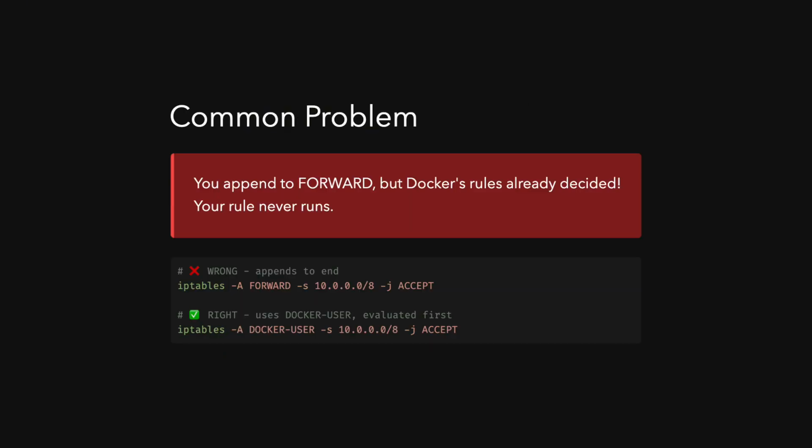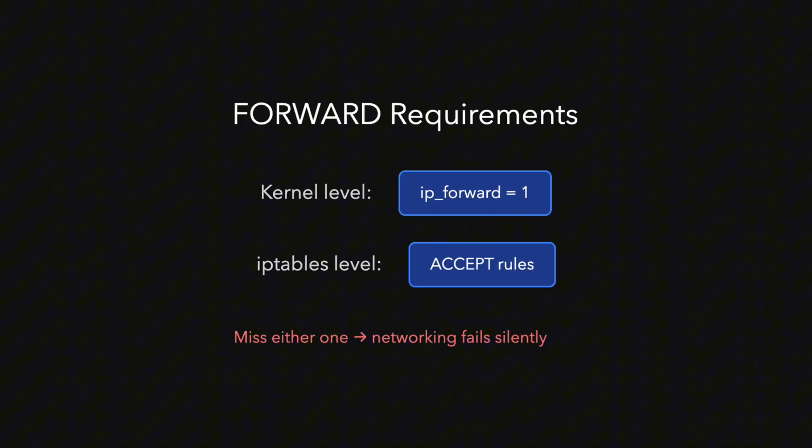And here we have a common problem. When you add a rule with iptables -A FORWARD, it's appended to the end, and by the time evaluation reaches your rule, packets were already accepted or dropped by Docker's rules, and your rule never runs. So the solution is to use the DOCKER-USER chain. And we have two requirements for container networking.